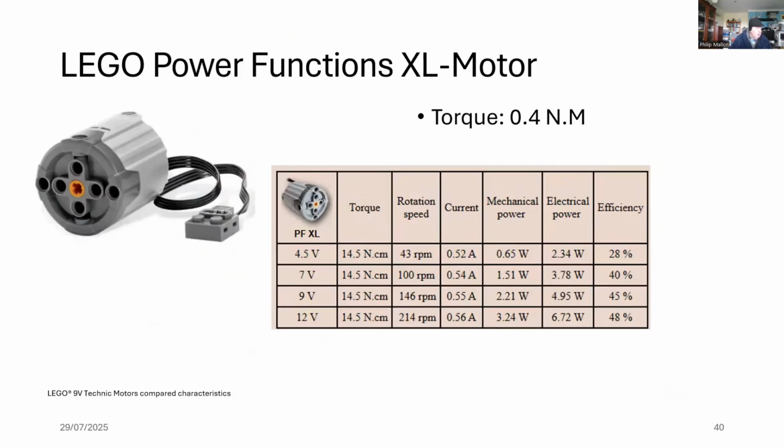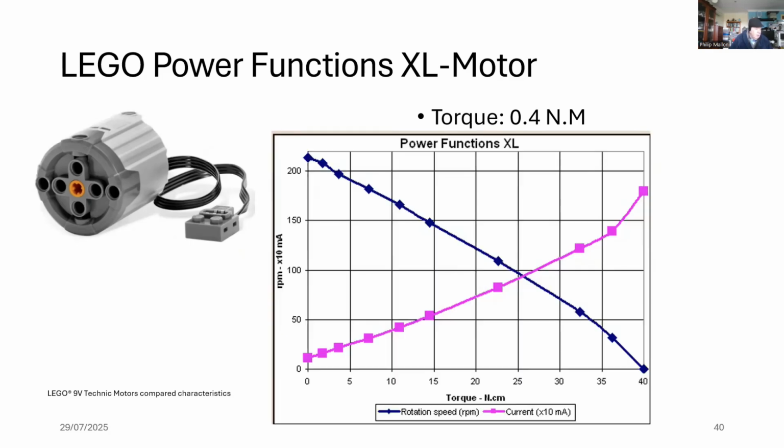So if we go back a step up in range on the Lego, we're getting a lot more powerful. This one is 0.4 Newton meters. And again, the efficiency will increase when you increase the voltage to the motor. And again, we can have a look at the curves of torque versus speed on that one, where we've got the speed curve.